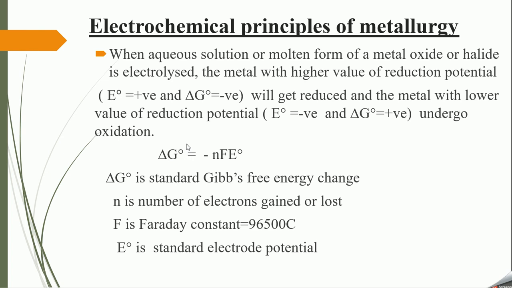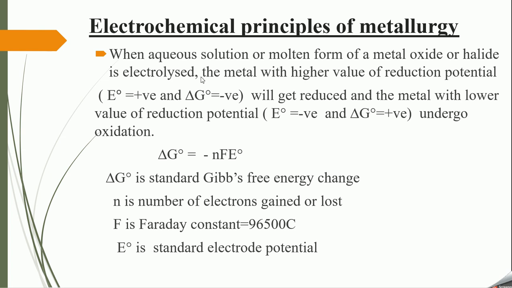Now, on which condition will delta G be negative? If the value of E naught is positive, then positive times negative makes the delta G naught value negative, and reduction takes place. If the value of E naught is negative, then delta G becomes positive, and reduction does not take place.